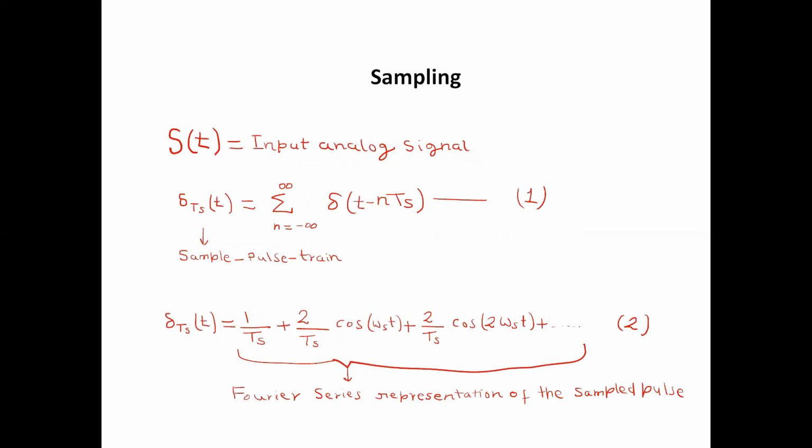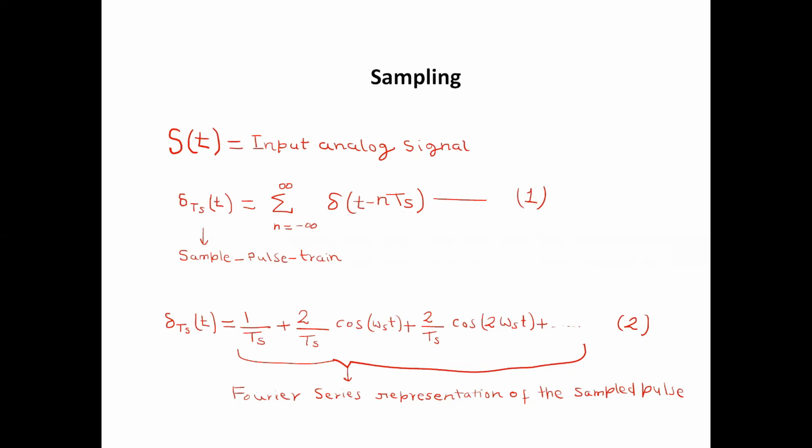Now, if we want to represent it mathematically in the time domain, let s(t) be the input analog signal, and if we want to sample it, we need to use a sample pulse train. If we multiply the signal with the sample pulse train, we get sampling at that particular instant of time. This pulse train is nothing but a series of delta functions which occur at regular intervals, given by integral multiples of the sampling time Ts.